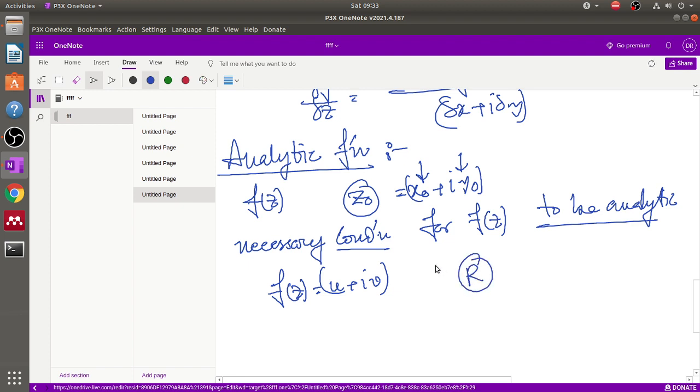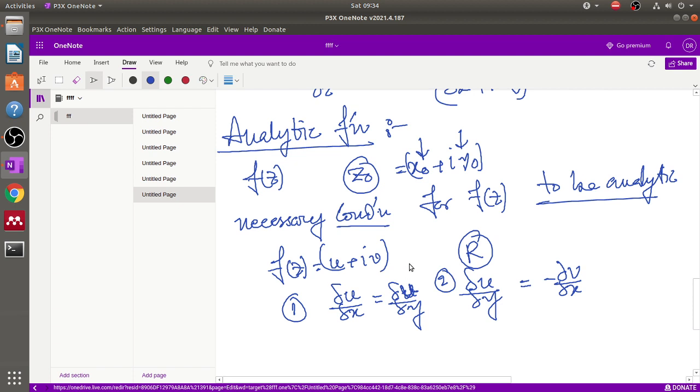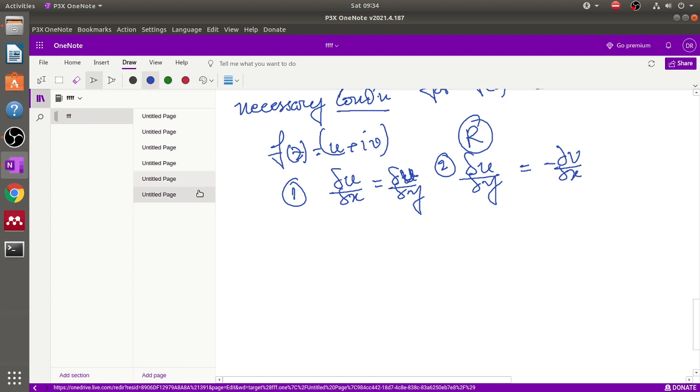Then there are two conditions: one is del u by del x equals del v by del y, and the other is del u by del y equals minus del v by del x, provided del u by del x, del u by del y, del v by del x, del v by del y exist. Now we start our proof.